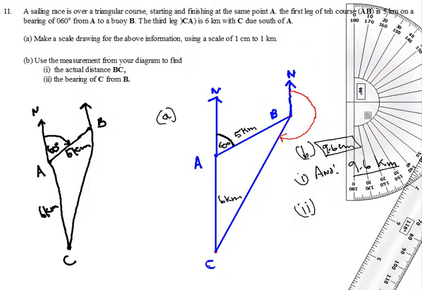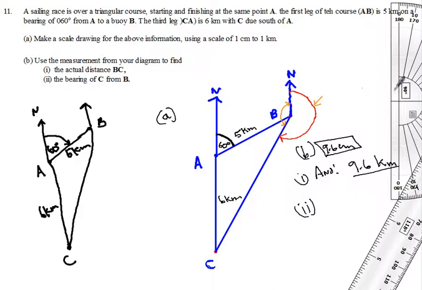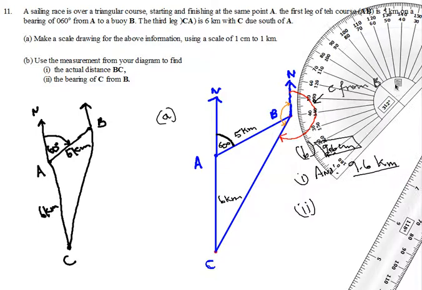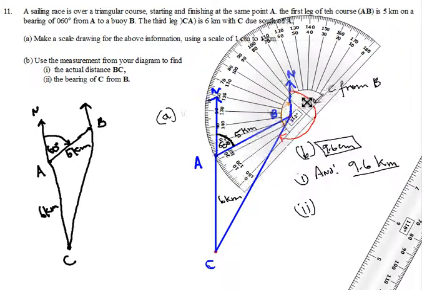So let us measure this angle, all of this angle, and subtract it from 360 to find the bearing, because remember, this red arc here represents the bearing of C from B. Okay, so let us measure that matching obtuse angle and subtract it from 360 to find that bearing.